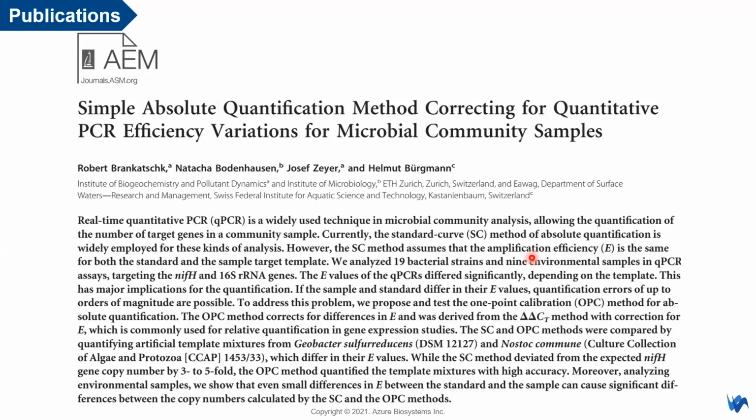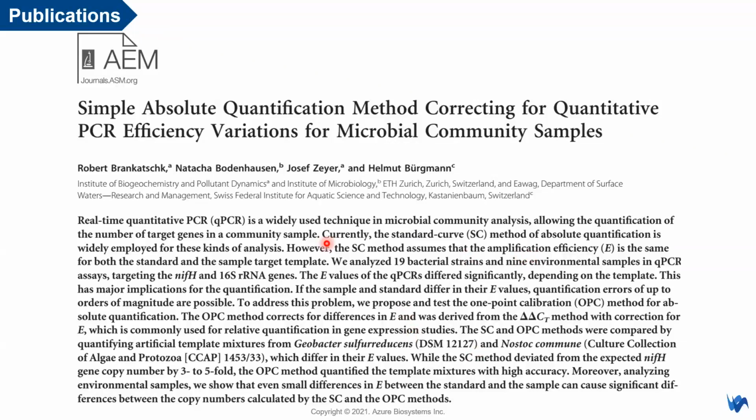So if you're not using a standard that matches your sample type, then you might have a problem there. There are a lot of equations derived from this, and you can look it up and see how they propose and validate these correcting methods.